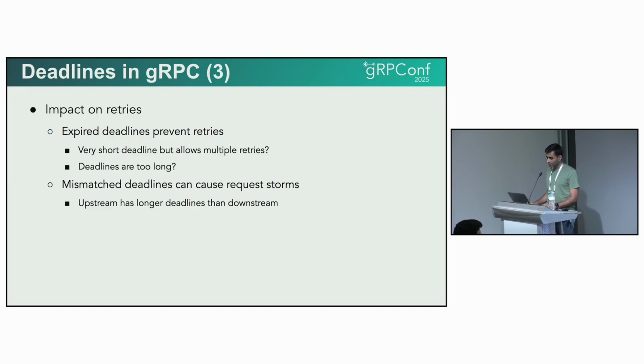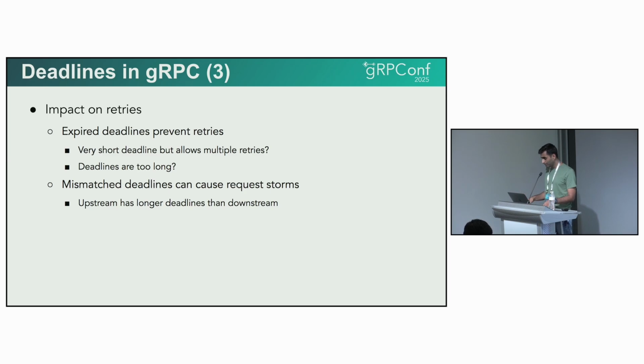Another case here is mismatched deadlines. A common issue is when your upstream service is setting a longer deadline than the downstream ones. For example, imagine your client sets a deadline of 10 seconds, but your downstream service only enforces a 2-second deadline. In this case, if there are many upstream clients, all of them will keep retrying because they have a longer deadline of 10 seconds.